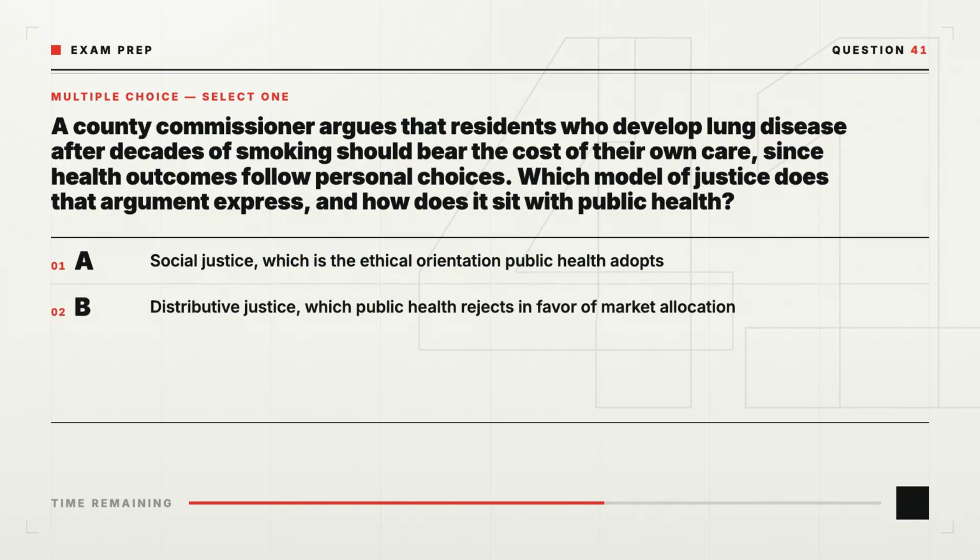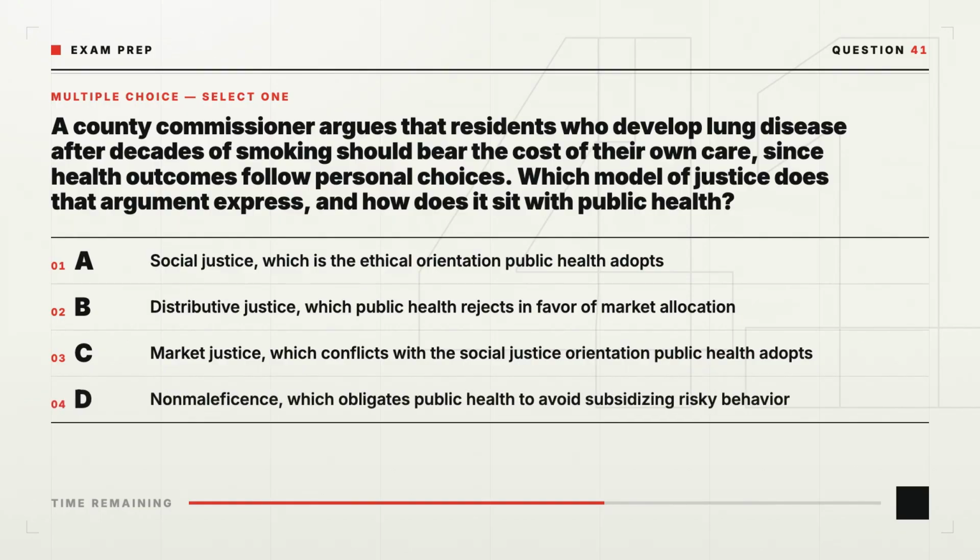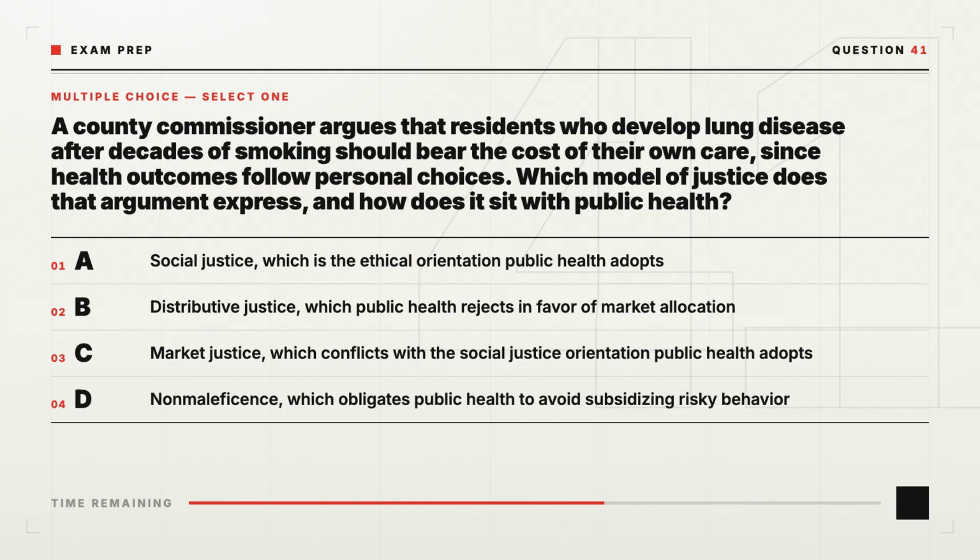B. Distributive justice, which public health rejects in favor of market allocation. C. Market justice, which conflicts with the social justice orientation public health adopts. D. Non-maleficence, which obligates public health to avoid subsidizing risky behavior. Which one is it? Pause the video if you need more time.